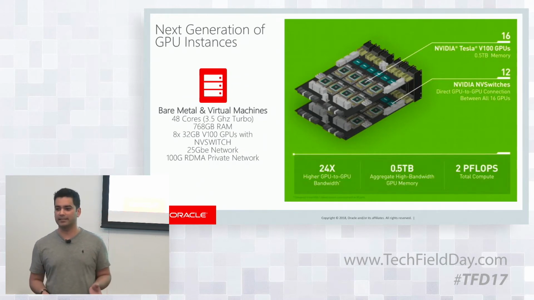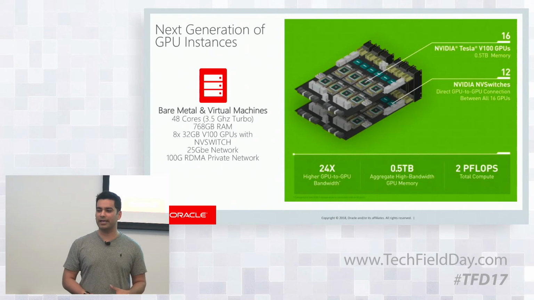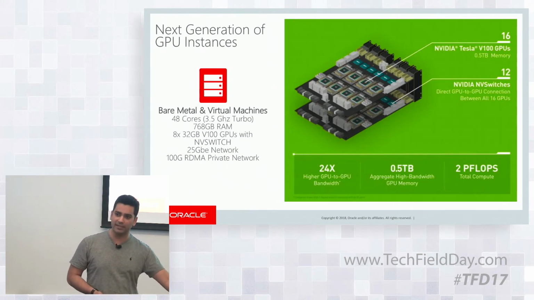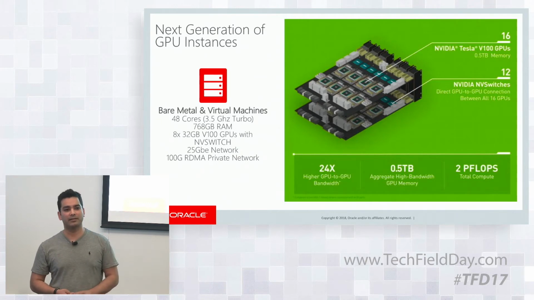They're all going to be interconnected with NVSwitch, which is NVIDIA's new silicon that allows all GPUs to talk to all other GPUs without doing an extra hop, essentially. Today we have an HGX1 in the cloud, available across the globe in our regions. We've now adopted the HGX2 design for our next generation of instances.